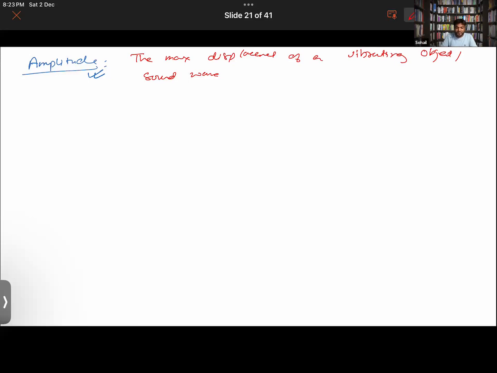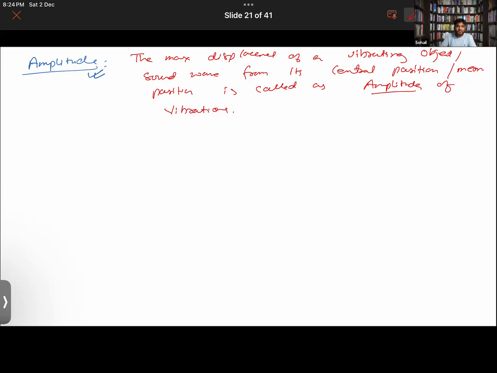So the maximum displacement of a vibrating object or sound wave from its central position or mean position is called as amplitude. Is that clear? Amplitude किसकी? Vibration की हम बात कर रहे हैं, right? So it's amplitude of vibrations. Getting it now? If anyone is having any issue, please do let me know.